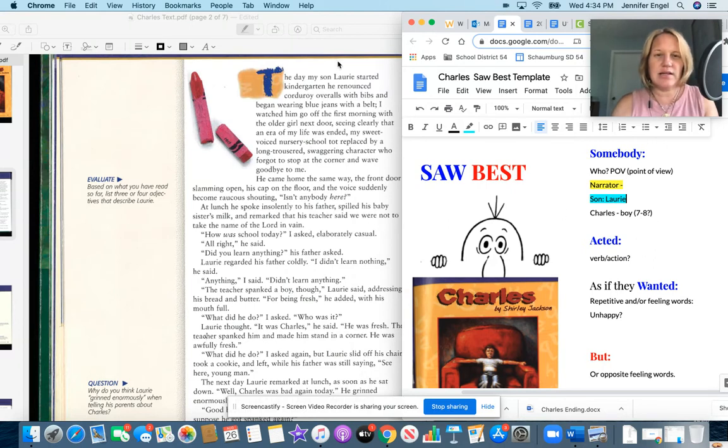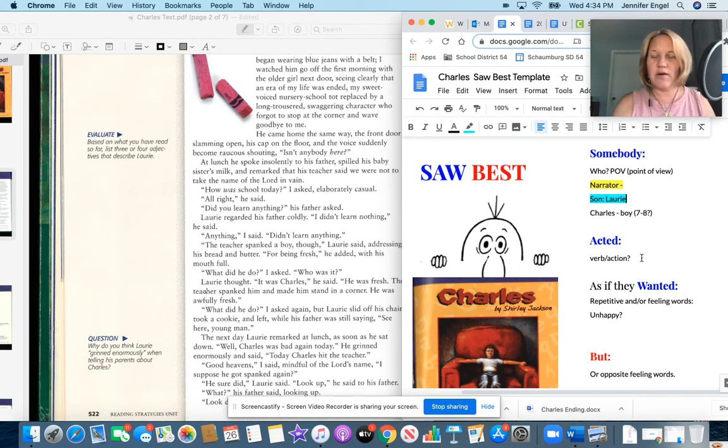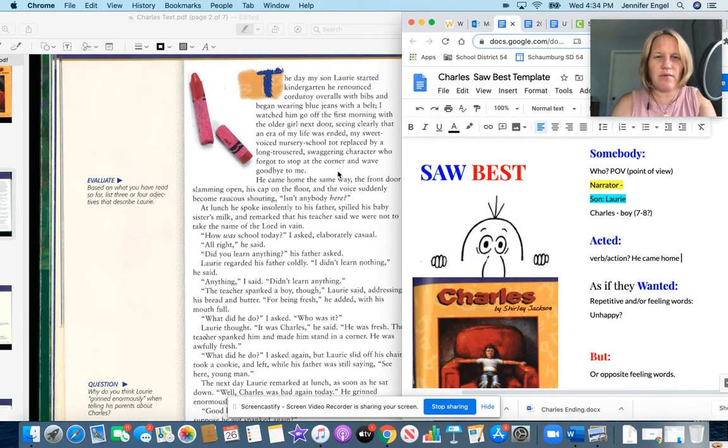Okay, let's see here. And really what they're doing is he's coming home. So verb or action, it says he came home. Okay, so he came home. And where did he come home from?